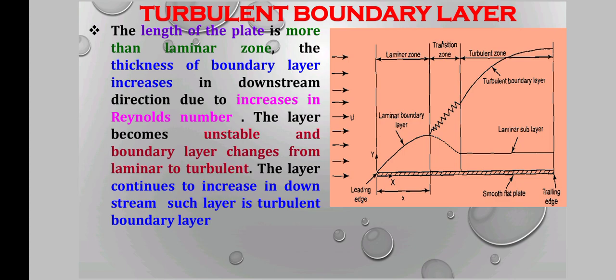The length of the plate is more than the laminar zone. The thickness of the boundary layer increases in the downstream direction due to the increase in the Reynolds number. The layer becomes unstable and the boundary layer changes from laminar to turbulent. The layer continues to increase downstream. Such a layer is the turbulent boundary layer.